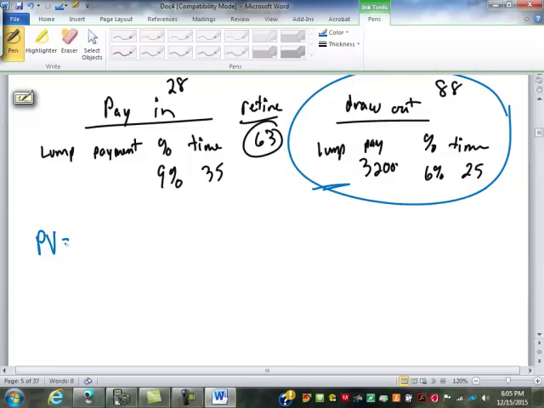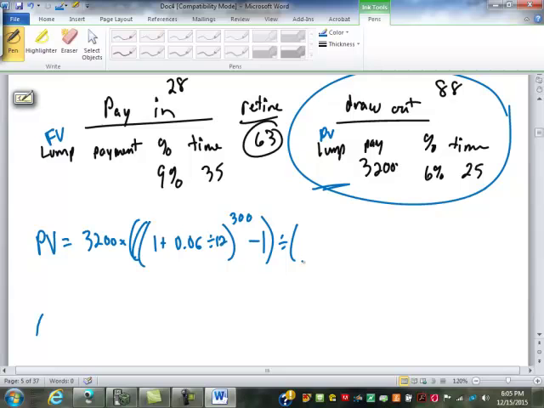We're going to find that present value, which is the lump sum here. Over here, the lump sum would be a future value. So the present value is that $3,200 payment times 1, 2, 3, 1 plus 0.06 divided by 12. 25 years is how many months? 300, minus 1, divided by 0.06 divided by 12. Do we close the parentheses or do we have the extra term? We're drawing out, so we have the extra term. So times 1 plus 0.06 divided by 12 to the power of 300.